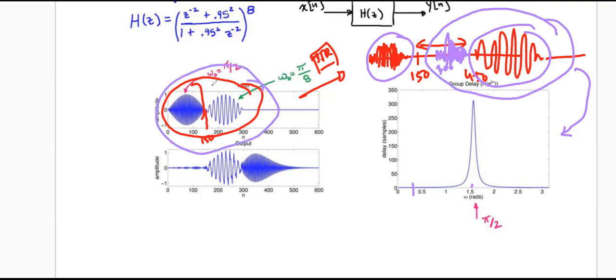You can retrieve your original signal back. Is it clear to you?